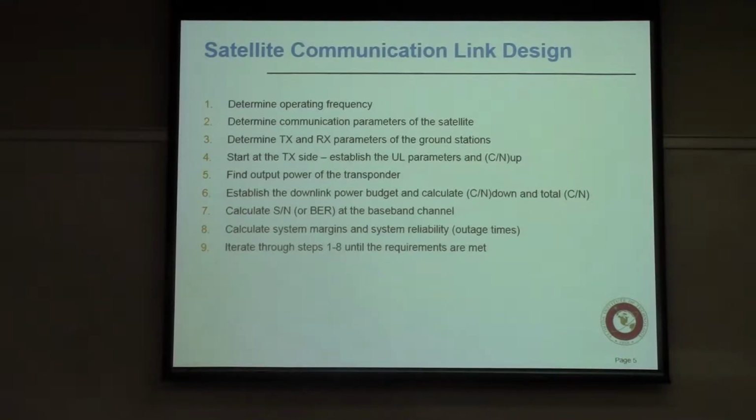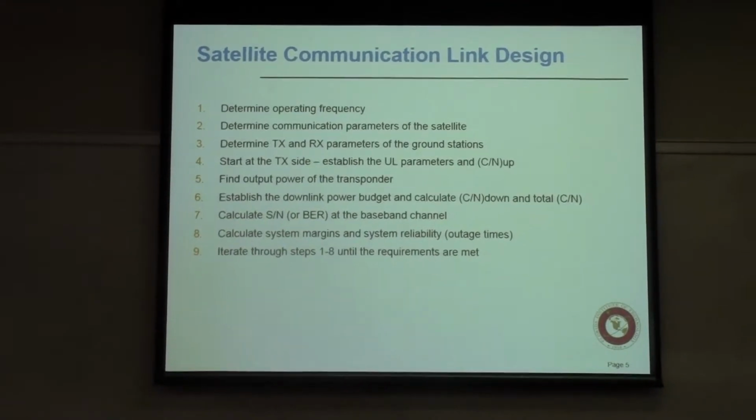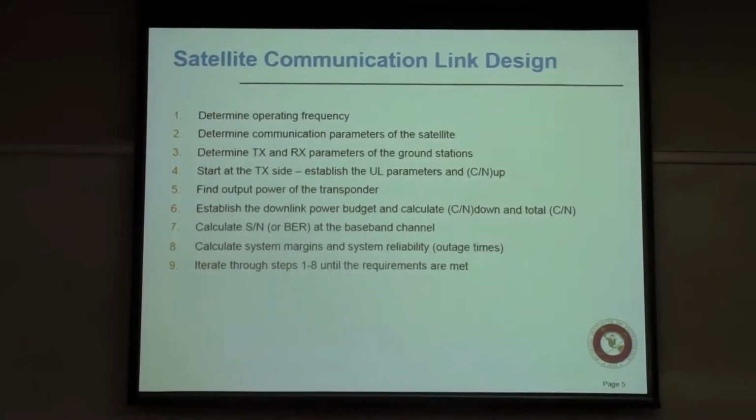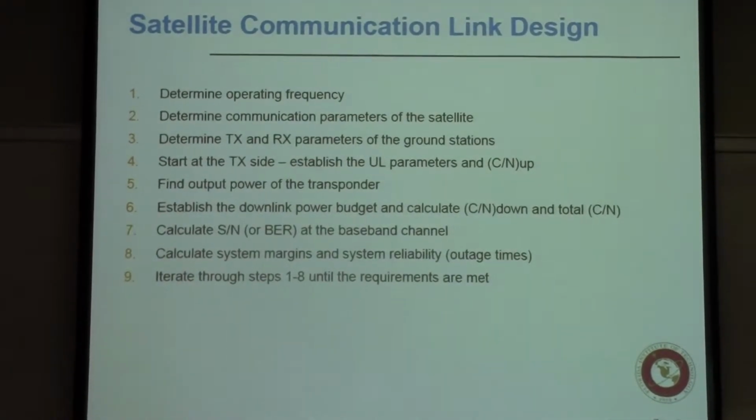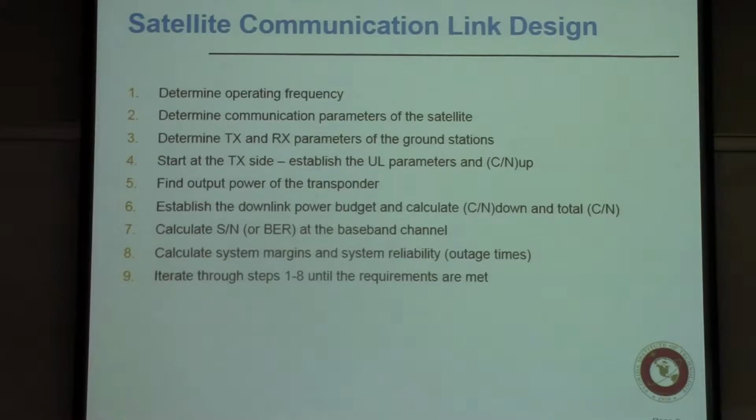So then you start doing your accounting. You determine communication parameters for the satellite: what is the antenna, the receiver, temperatures, and all that. Then you determine the TX and RX parameters of the ground stations, and start with the transmit side, establish the uplink parameters, find the output power of the transponder, do your downlink link budget, and then calculate the overall signal to noise ratio, or bit error rate if you're talking about a digitally modulated system.